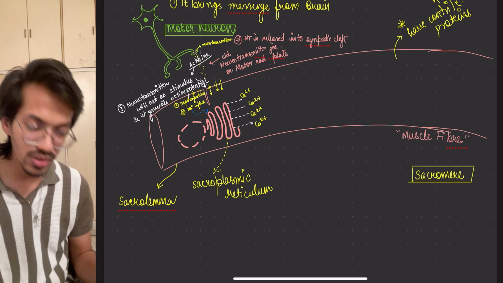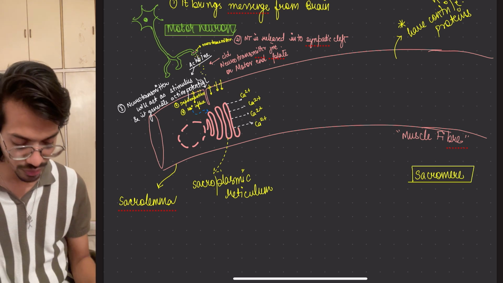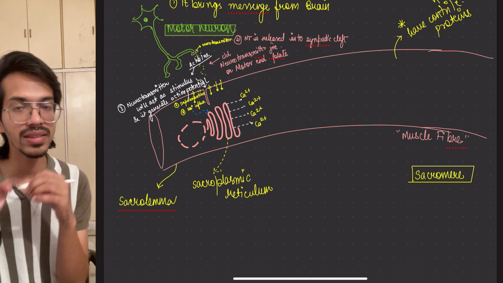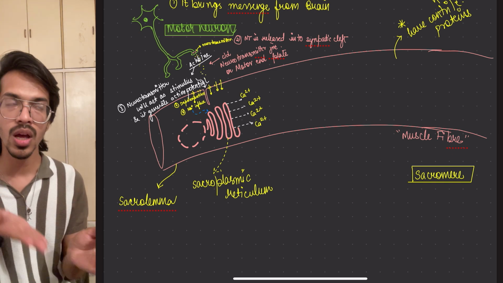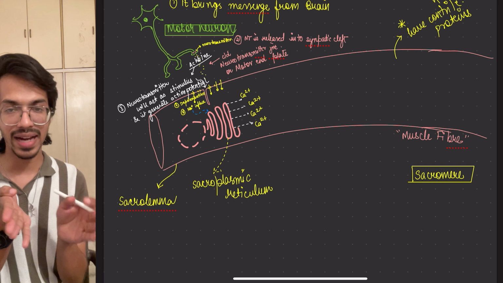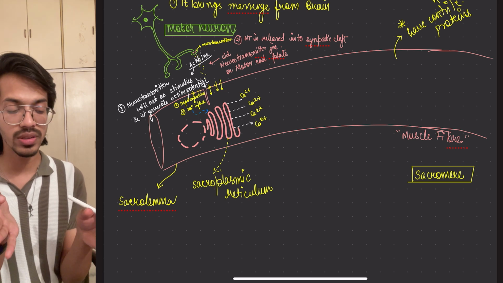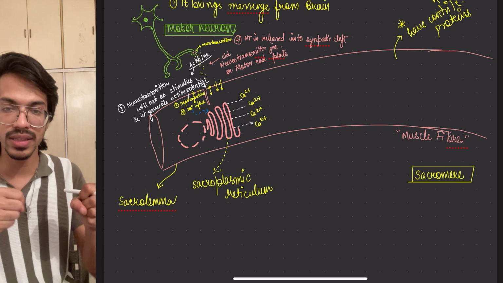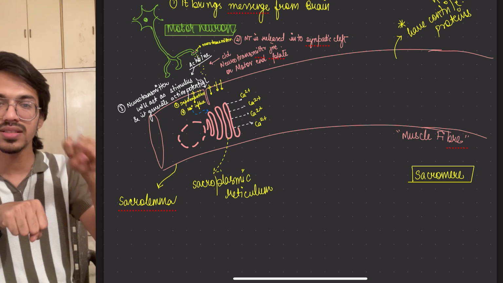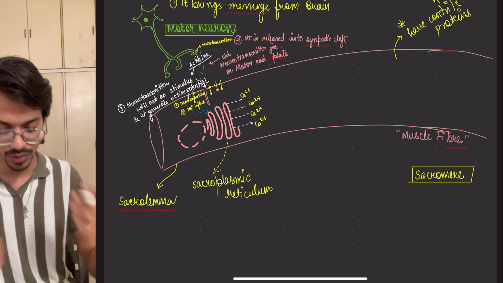So the sarcomere has alternating proteins, two different types, in thick and thin filament segments. There are two types of protein, myosin and actin, along with tropomyosin and troponin. They bundle up together, and one appears thicker, the other thinner.